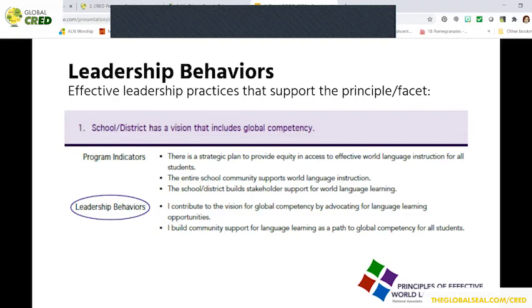So that's one of my leadership behaviors: advocating for that opportunity.